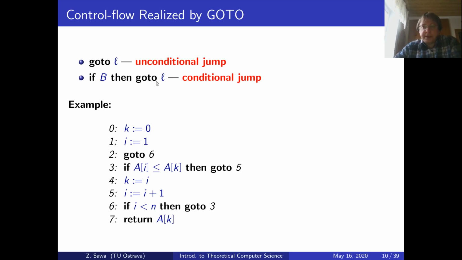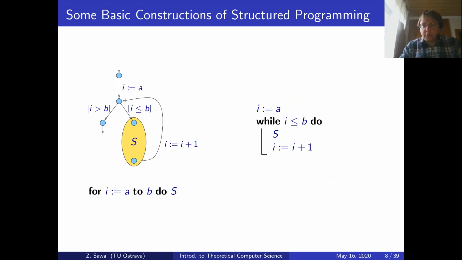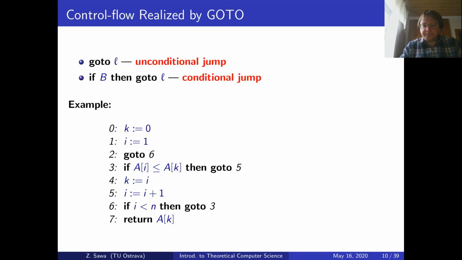And the conditional jump is represented here by this if. This is another kind of if than we had in the higher level code, using structured constructions where we have an if of this kind, where S1 and S2 could be some structured instructions or statements. Here we can have just a condition and the operation goto.